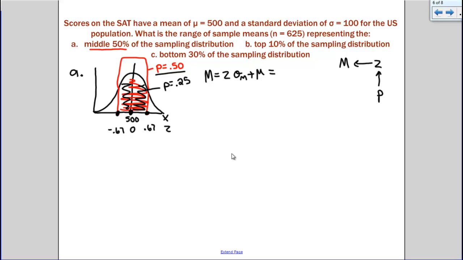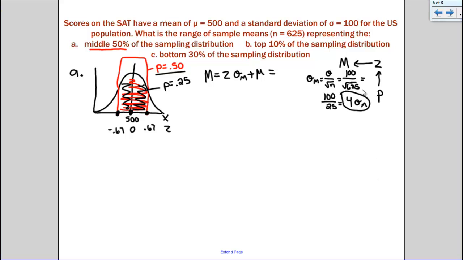Okay. So first we need to figure out the standard error. I've already figured it out in the previous problem, but let's do it again for kicks. So the standard error is equal to standard deviation divided by the square root of n, which is equal to 100 divided by the square root of 625, because we have a new sample size. So this becomes 100 divided by 25, which gives you a standard error of 4.